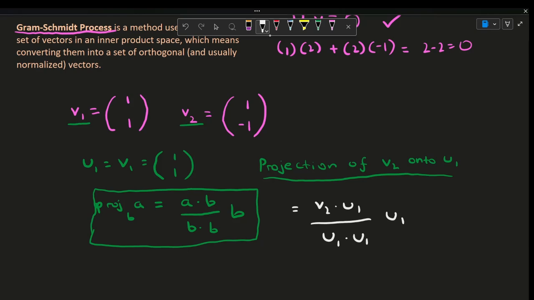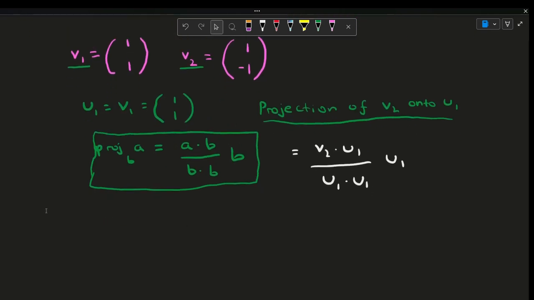That is the formula. Now all we have to do is find these two dot products, and then we can get the projection. Let's first find the dot product of v2 and u1. That is 1 times 1 plus negative 1 times 1, which is just 0.